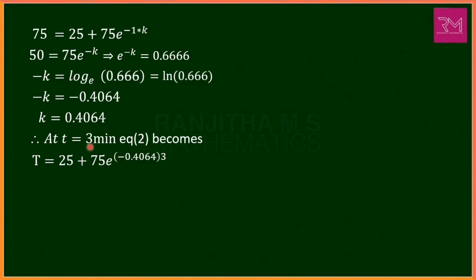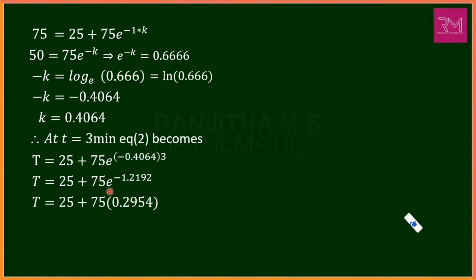Next, multiplying 3 by 0.4064, we get T is equal to 25 plus 75 times e to the power minus 1.2192. Using the calculator, e to the power minus 1.2192 is 0.2954.